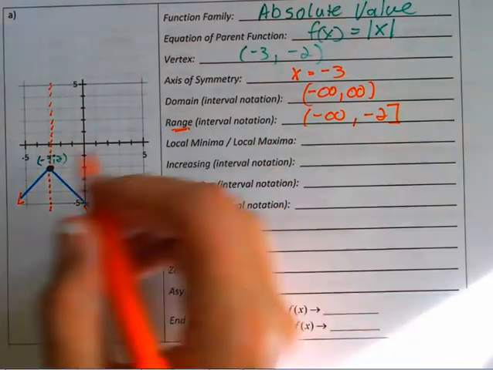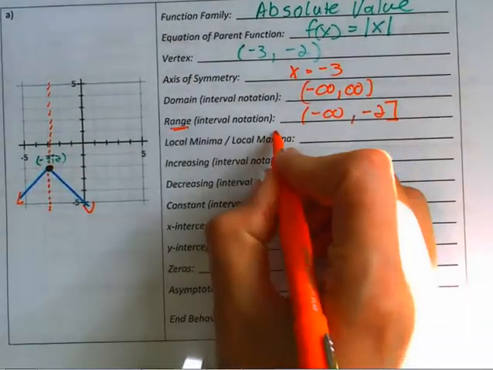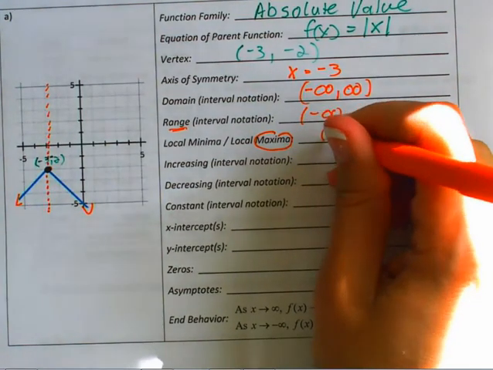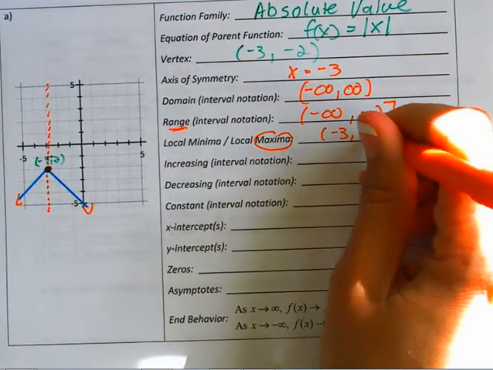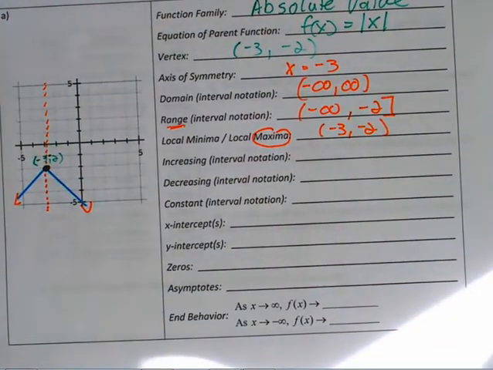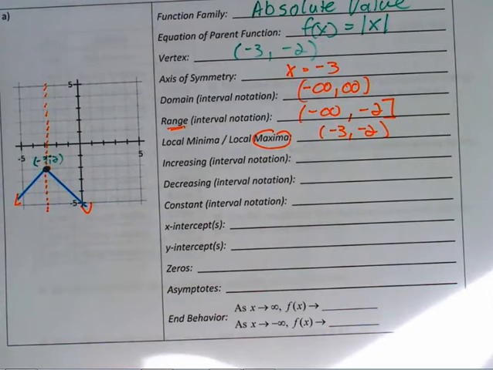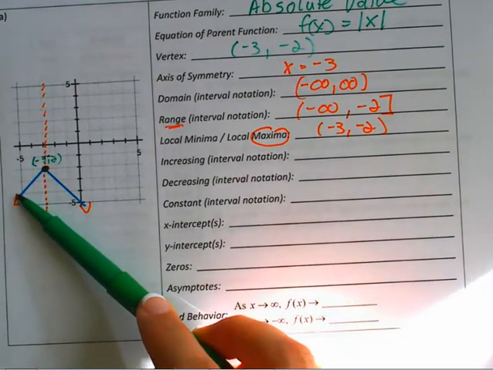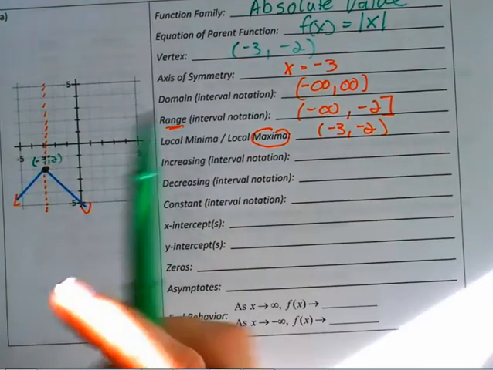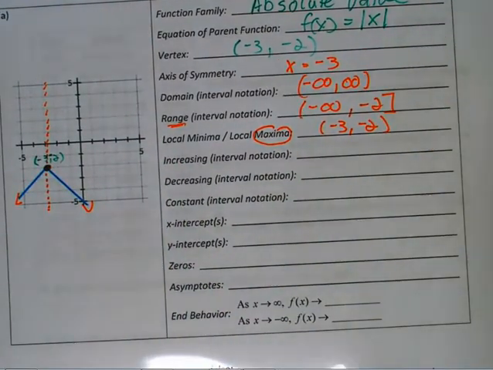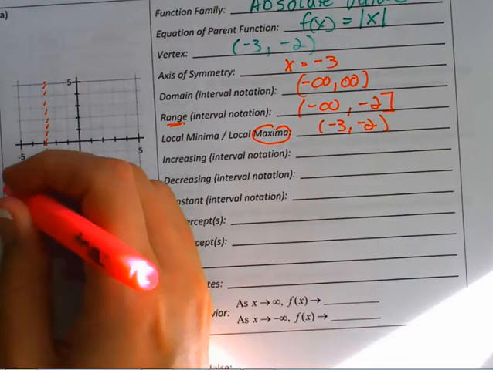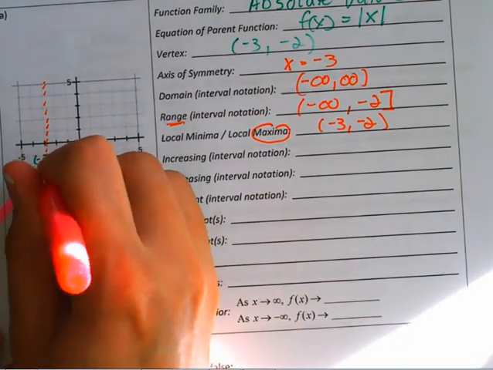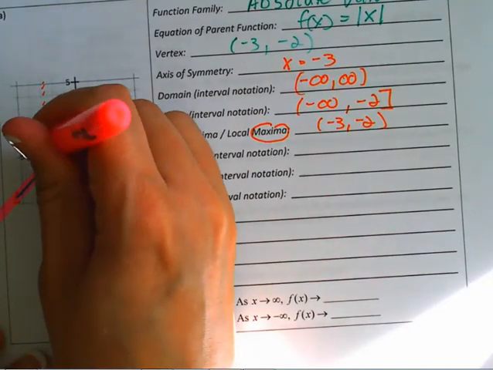Minimum or maximum, we see right here at our vertex that is a maximum, because that's the highest the graph is, and that maximum is at negative 3, negative 2. Increasing intervals. Okay, so imagine that you're on a roller coaster, up, up, up, up, up. So increasing is from over here to here. It stops increasing right here, but what we care about are those x values.